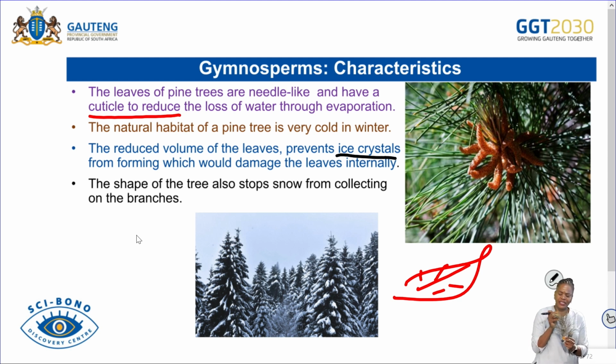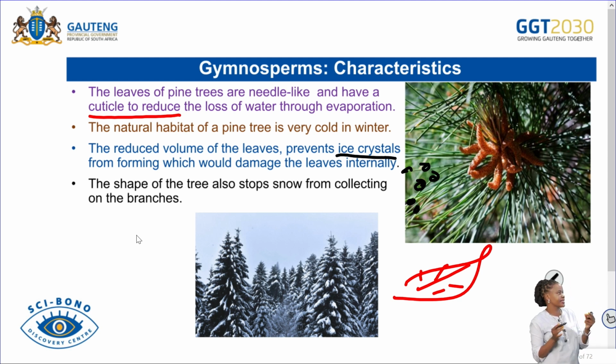But because of the reduced size or volume, because of them being small, it does not allow the ice crystals to form on them. In other words, if the ice crystals can stay on the leaves, then our leaves can be damaged internally.